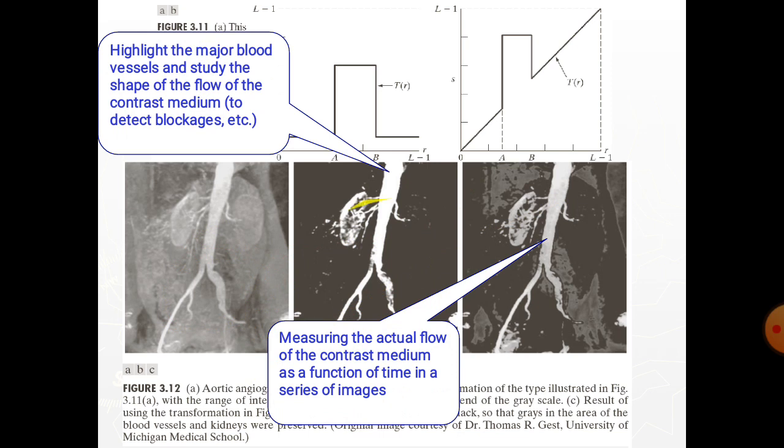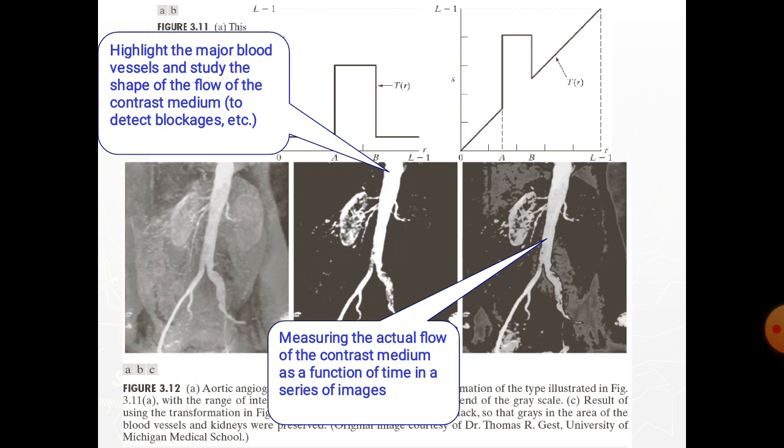Figure B shows the result of using a transformation of the form in figure A, with the selected band near the top of the scale because the range of interest is brighter than the background. The net result of this transformation is that the blood vessels and parts of the kidneys appear white.